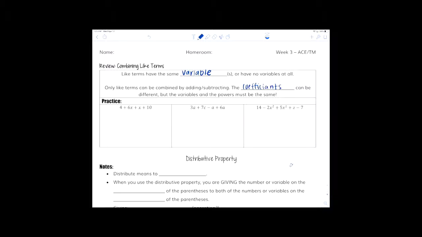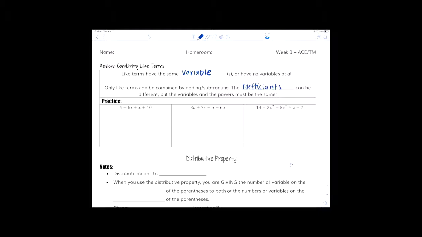When I'm talking about powers, what am I talking about? No, not that kind of power. Yes. What's another name for that? That little number at the top? The exponents, okay? So my variables and the exponents have to be the same in order to combine them. The number in front of the variables, that doesn't matter. They can be different. Okay?